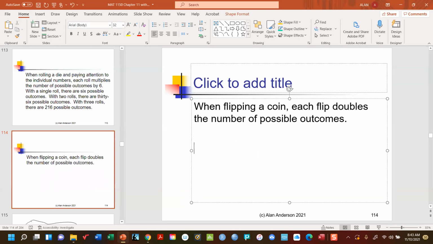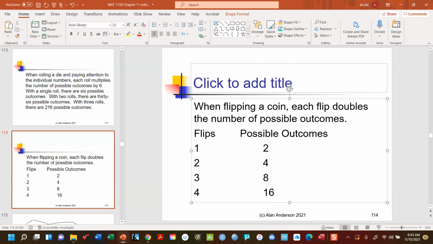If you want to build a little chart here, I'll do that right now. 1 flip means 2 outcomes, 2 goes to 4, 3 goes to 8, 4 goes to 16, et cetera, et cetera.